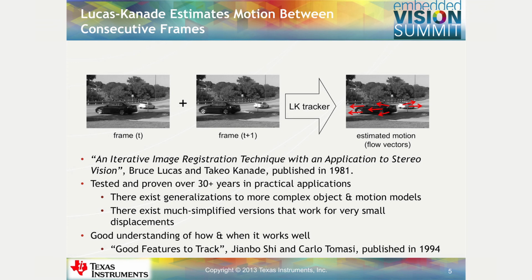And another paper that was written about what kind of areas are best to track in images is a classic in and of itself, actually. The good features to track by Jianbo Shi and Carlo Tomasi was looking at this class of trackers and was saying, okay, what are then the good features, image features that we should latch onto and track? So this is the Lucas-Kanade that I'm going to talk about now.